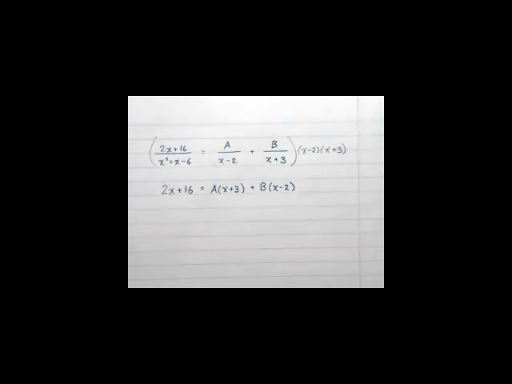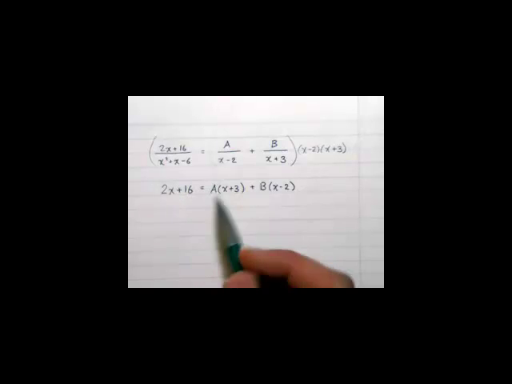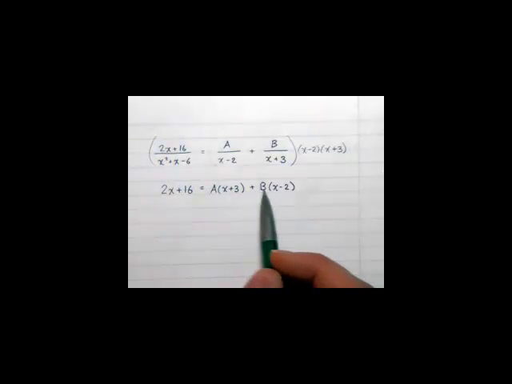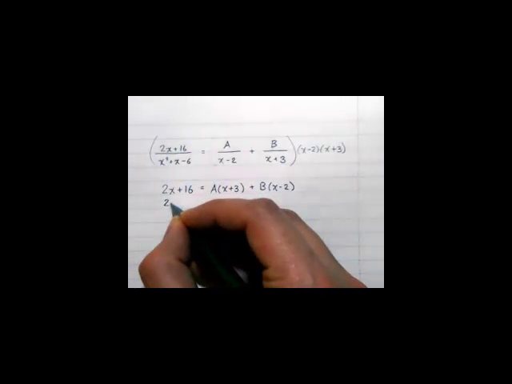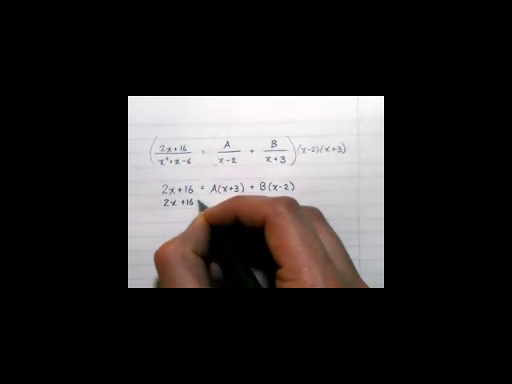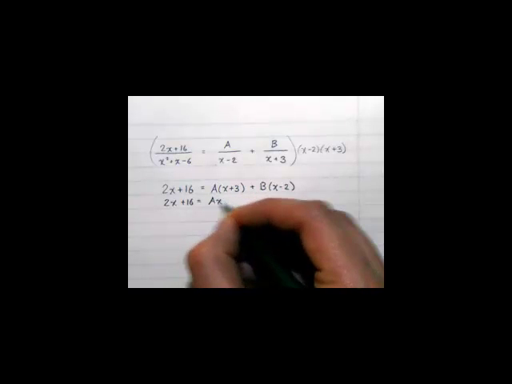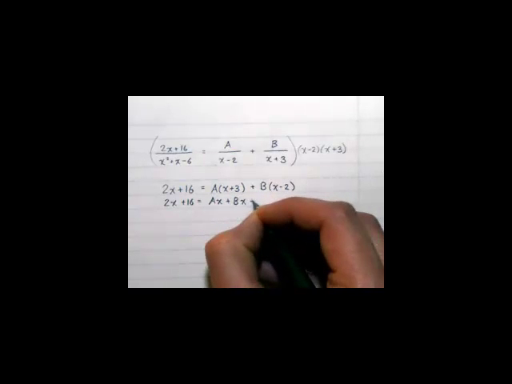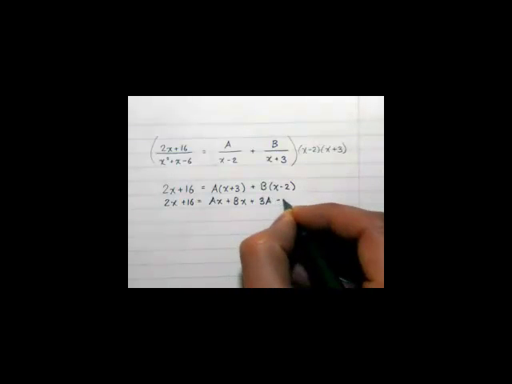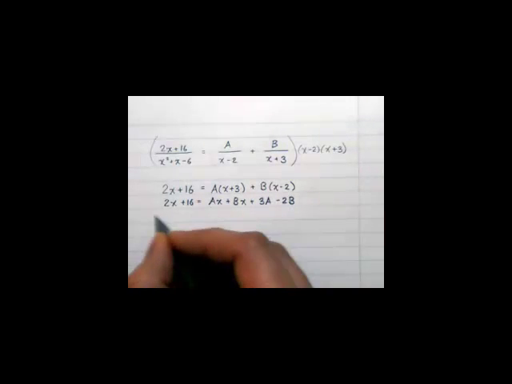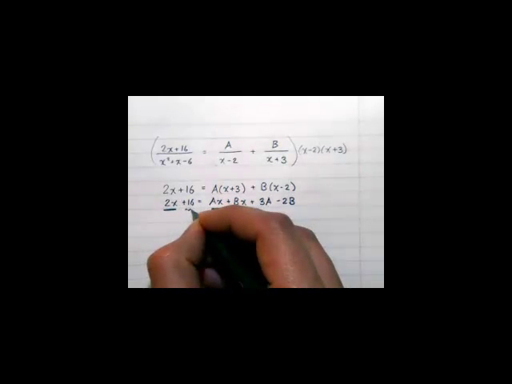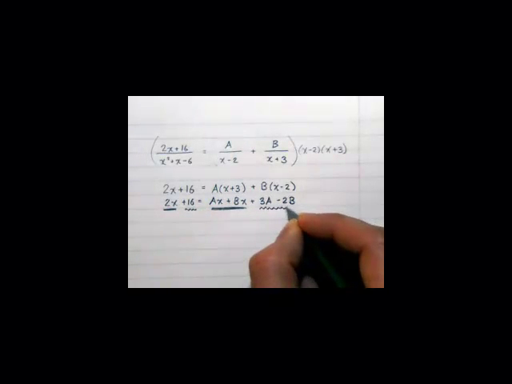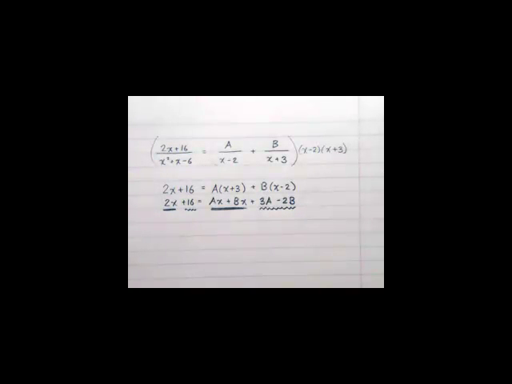Okay, and so here's where we came up with a little system of equations where the coefficients on x needed to match on either side, and then the constants needed to match. So if I do a little distributing here and rearranging, this and this needs to be the same, and this and that need to be the same.